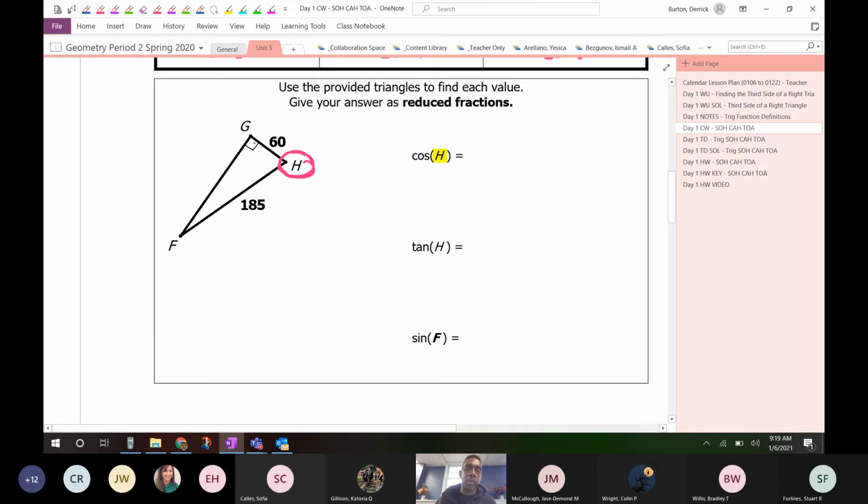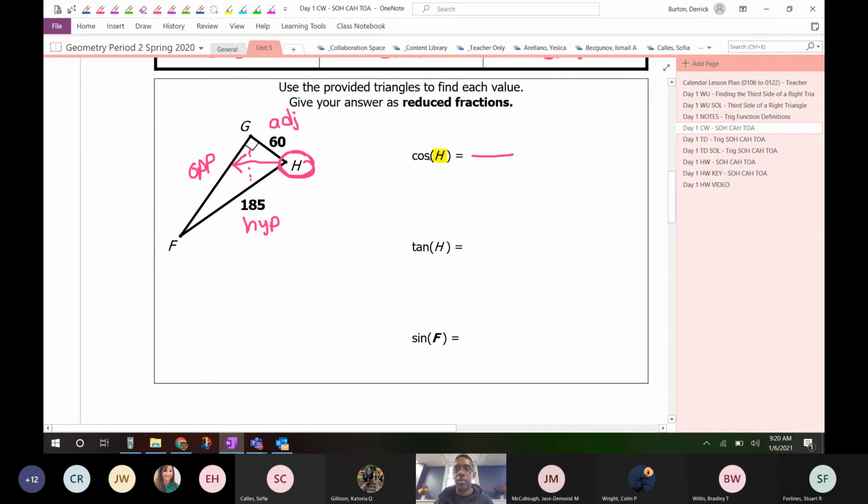The hypotenuse is always across from the 90-degree angle, so that makes this the hypotenuse. If you draw an arrow going away from the angle that you circled, that is always the opposite side. And the remaining side is the adjacent side. So we have everything labeled now.